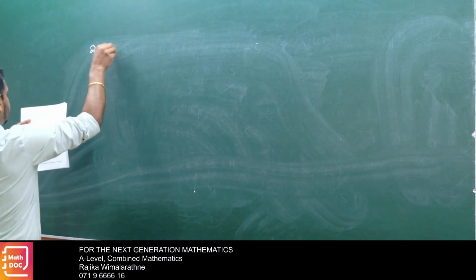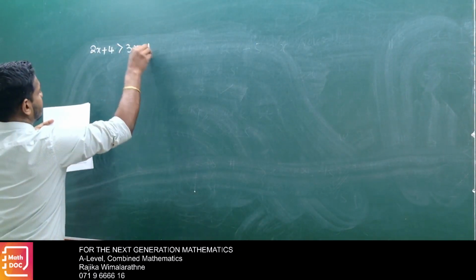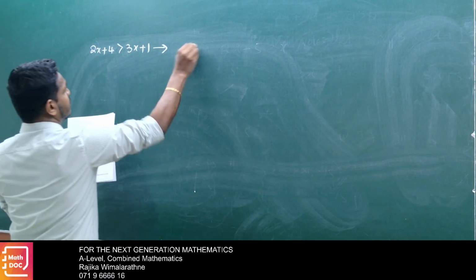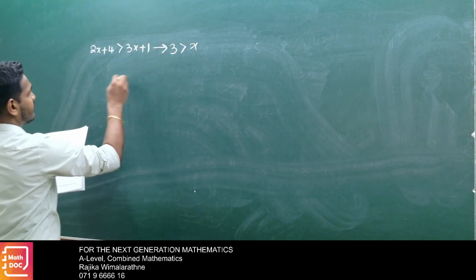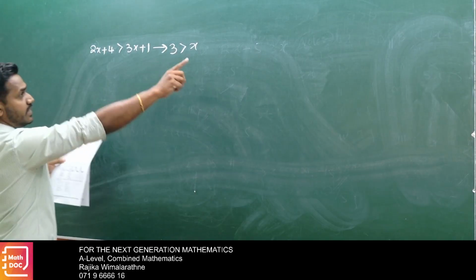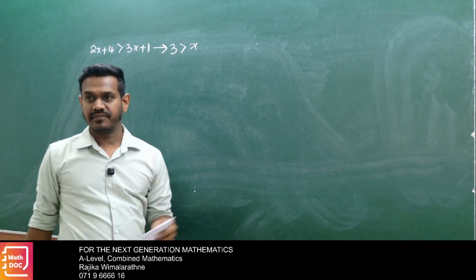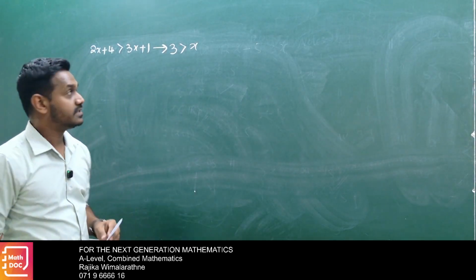2x plus 4 greater than 3x plus 1. Here x less than 3. The final answer you have to write within curly brackets or set notation.